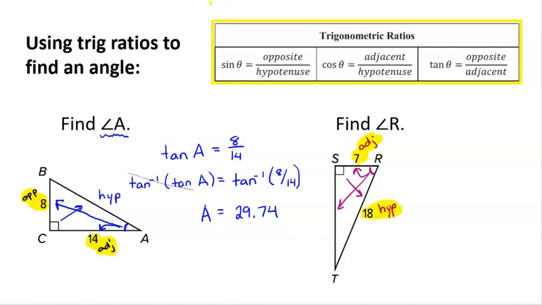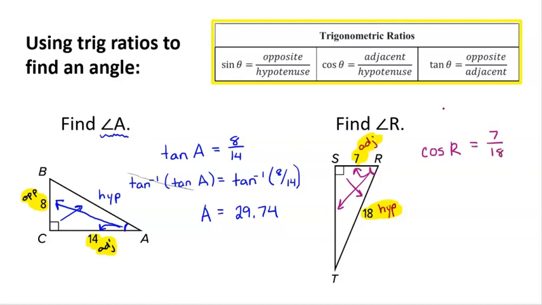I'm going to look at my trig ratios and figure out which one uses adjacent and hypotenuse. That's going to be cosine. And so now I can write out my equation: cosine of angle R is equal to adjacent over hypotenuse.